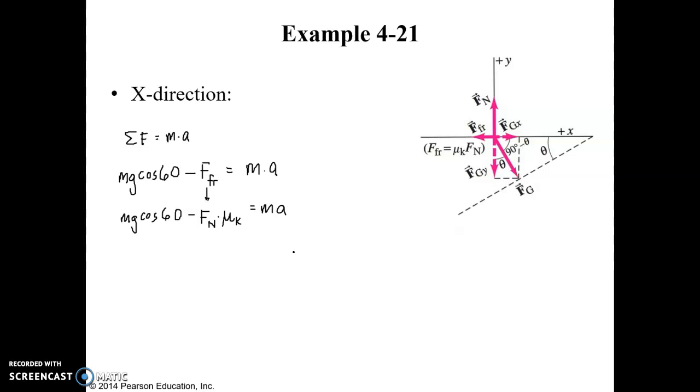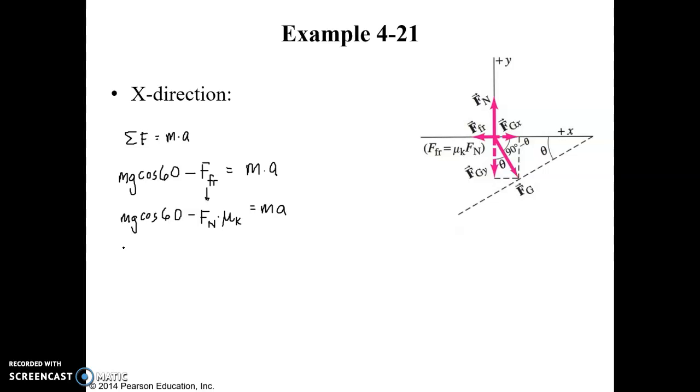I guess we could maybe simplify this equation a little bit. Cosine of 60 is 0.5, and gravity is 9.8, so half of 9.8 is 4.9.